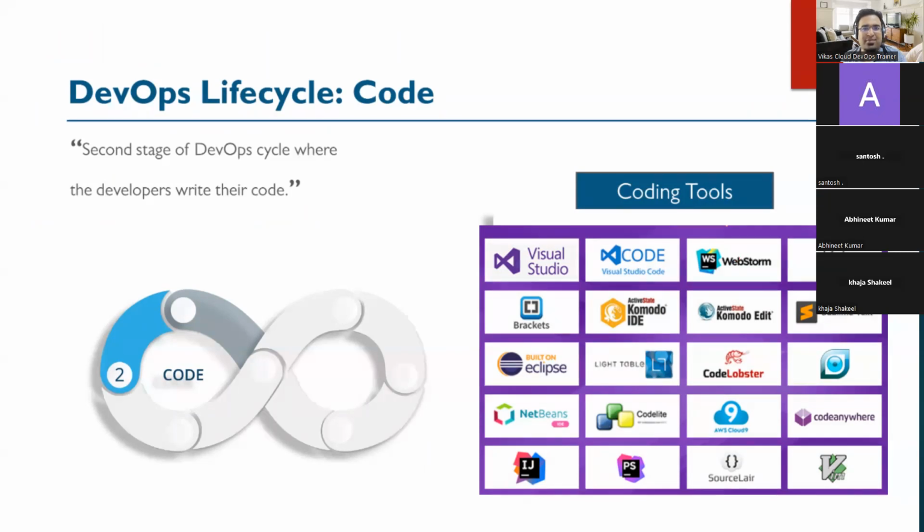Integrated Development Environment, where the code has to be written. There are so many tools available: Visual Studio Code, WebStorm, Eclipse, NetBeans, IntelliJ, and so many more. Out of these, the most popular tool for DevOps is Visual Studio Code.